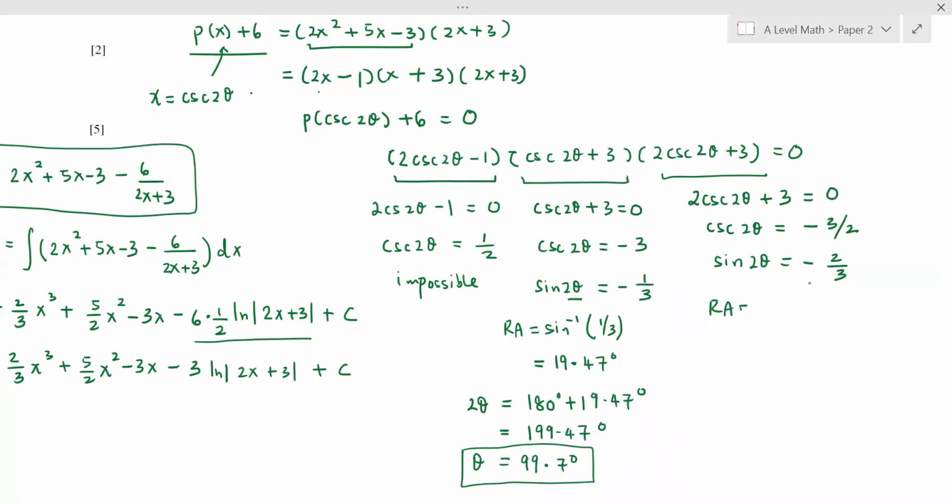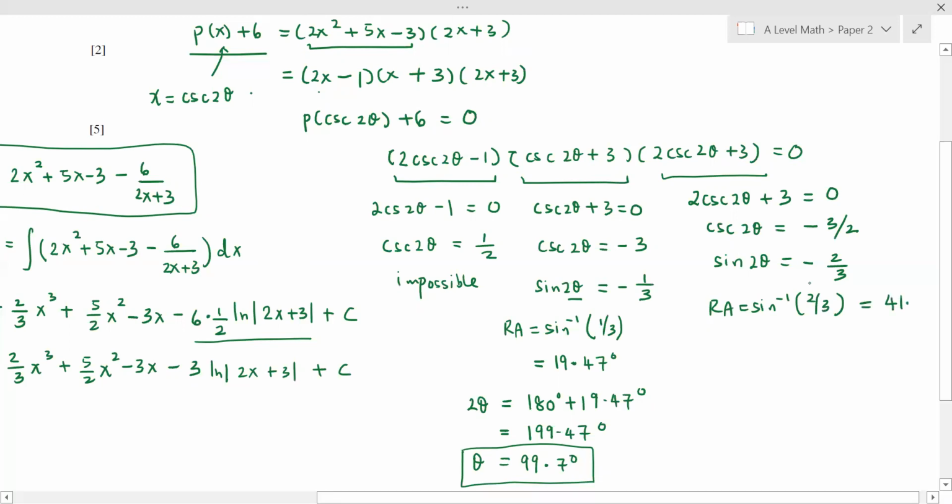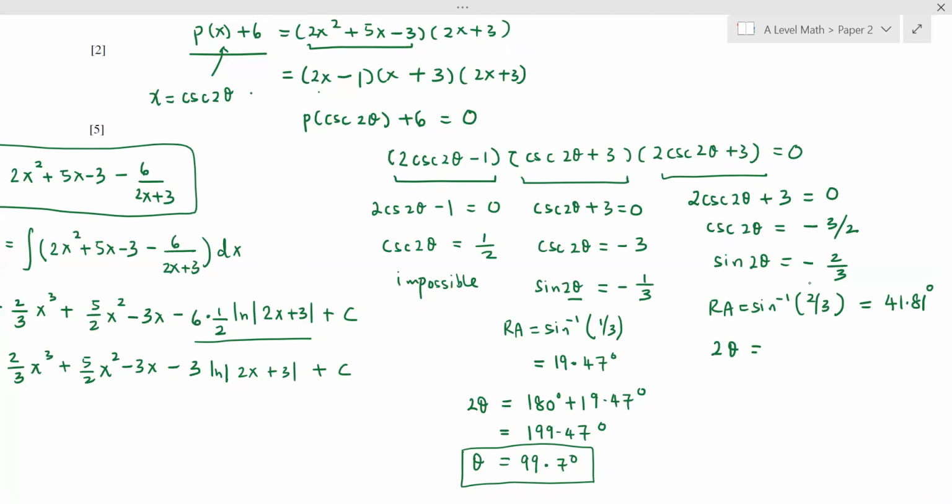Then the reference angle is the inverse sine of 2/3, and that should take a value of 41.81 degrees. Again, sine is negative in quadrant 3 or quadrant 4. We do not need a quadrant 4 angle because of the restriction on your answer.